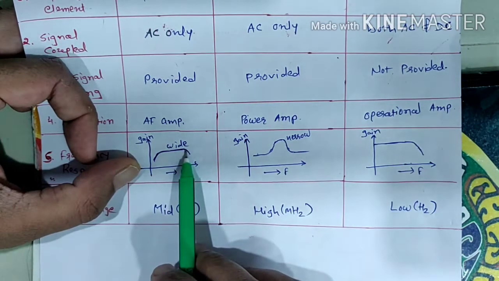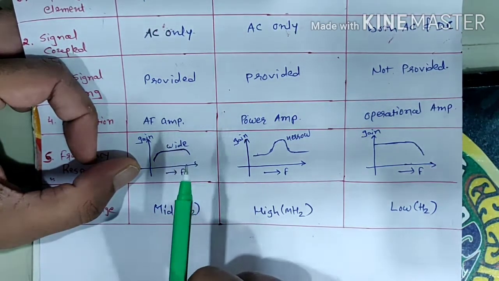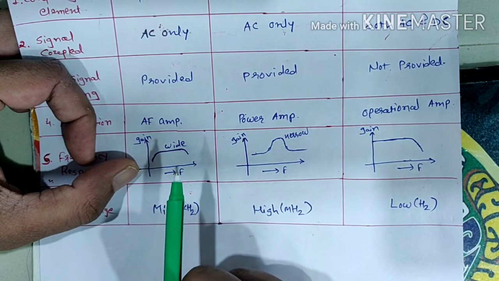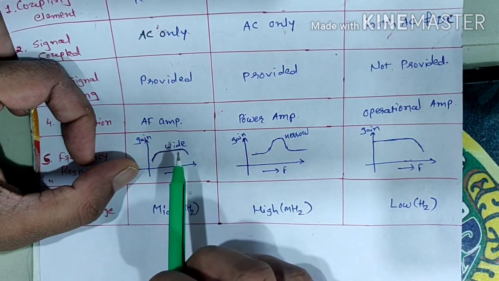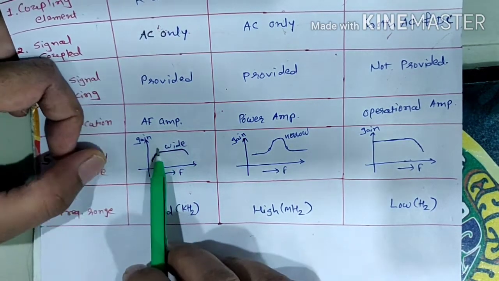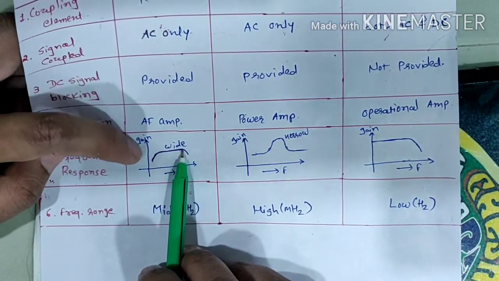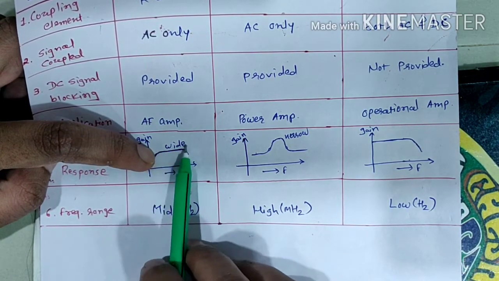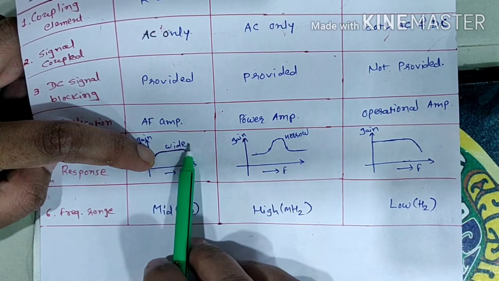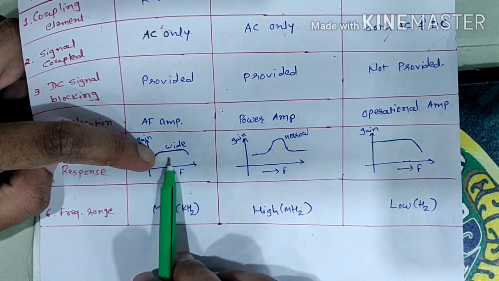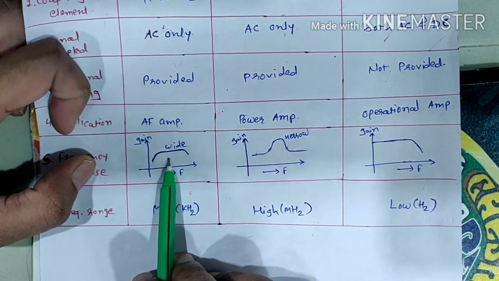This is the higher cutoff point. As we have seen with the bandwidth of the transistor amplifier, you can see my lecture on what bandwidth is. So this band we achieve in the RC coupling response is somewhat wider, meaning a larger bandwidth can be achieved in RC coupling.